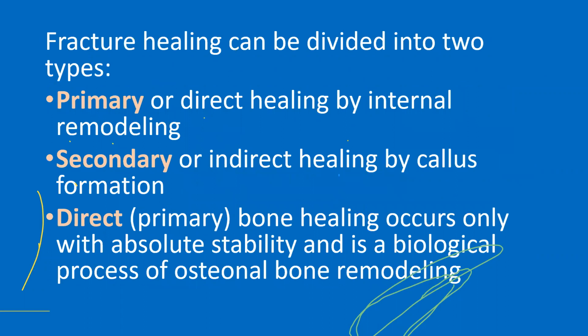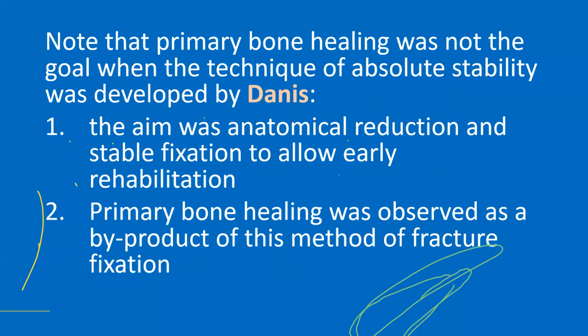So in conclusion, fracture healing can be divided into two types: primary or direct healing by internal remodeling, and secondary or indirect healing by callus formation. Direct primary bone healing occurs only with absolute stability and is a biological process of osteonal bone remodeling.